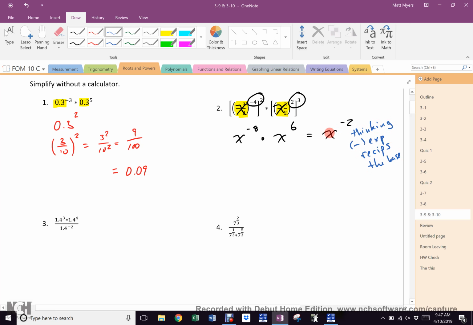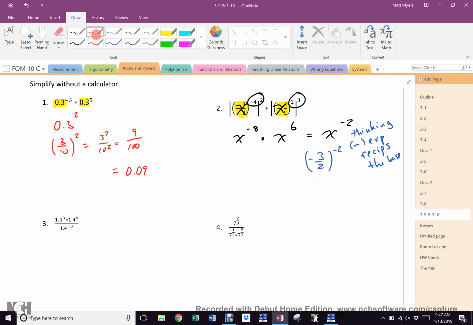Now, reciprocating x is a pain. We just move it to the bottom, right? But now is when we say to ourselves, but it's not really x, is it? What is it really? It's negative 3 over 2 to the negative 2, right? So now I reciprocate. What does that become?